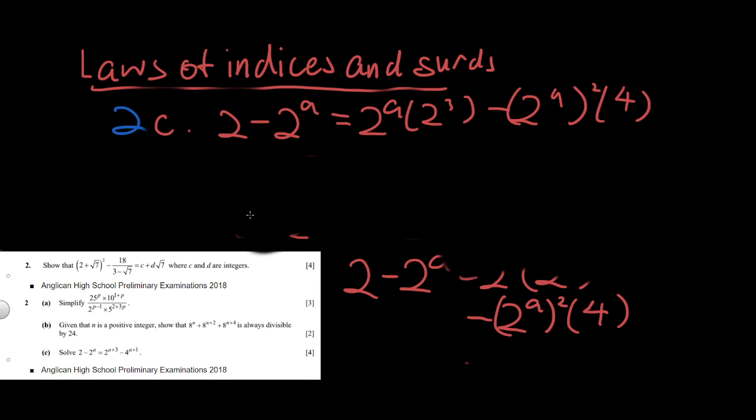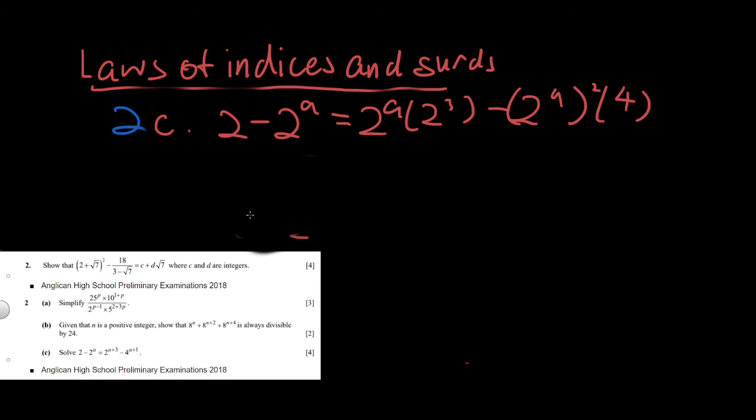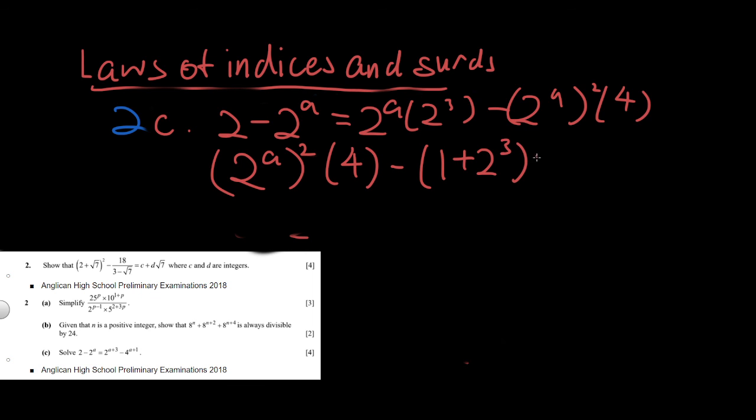And now what I would do would be to bring it over to the other side. Just bring all of it over and write it in the order of their powers. So 2^(2a) times 4 minus 2^a times 2^3 plus 2 equal to 0.